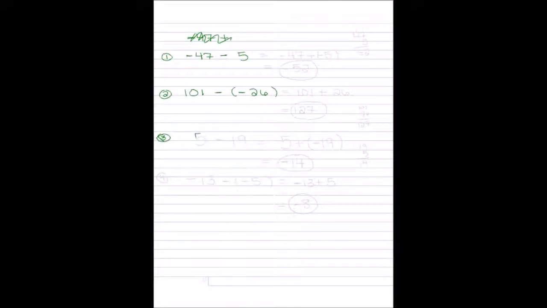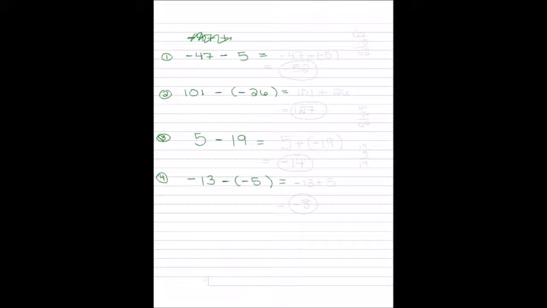Let's do 5 minus 19. And let's do negative 13 minus negative 5. And let's see how each one of these work. So the thing that you want to do is change your subtraction to an addition problem.